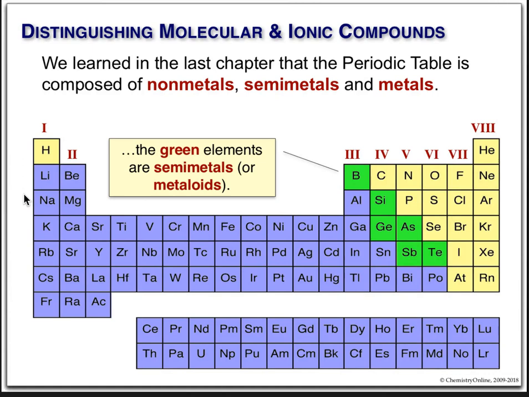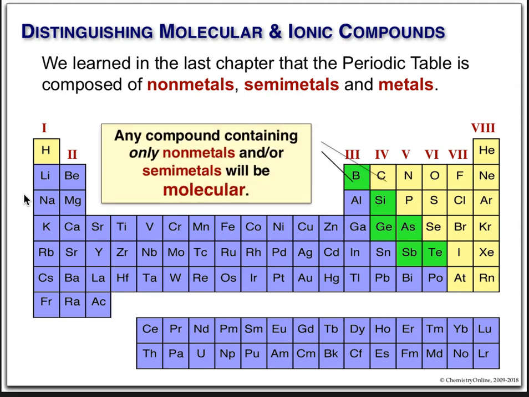So what type of a compound will you make from a given set of elements? It's actually very, very simple. If the compound contains only nonmetals or semimetals, so the yellow and the green, it will be molecular. Nonmetals, semimetals, molecular.